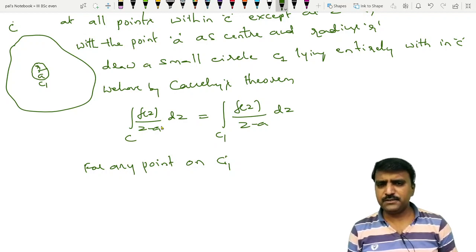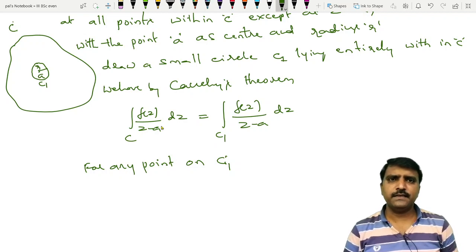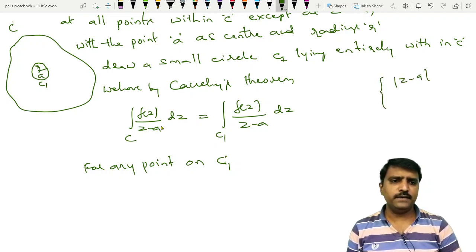So what is the equation of circle C1? You can write the equation of circle C1 as mod z minus a is equal to r, because a is the center and r is the radius. Any point on C1 means the point z, so you can write z minus a is equal to r into e power i theta, or z is equal to a plus r into e power i theta.